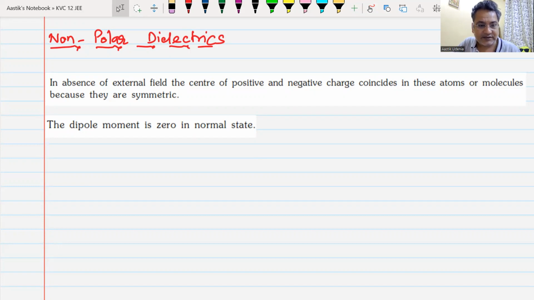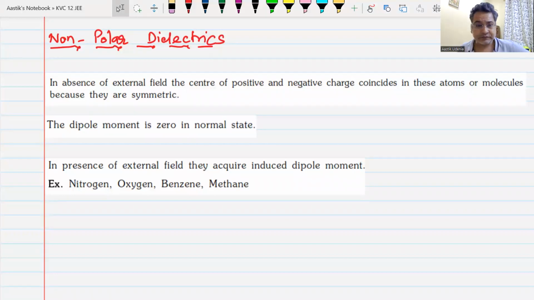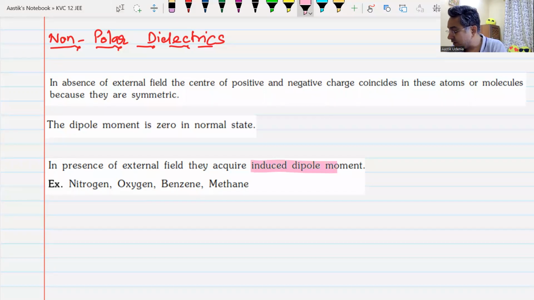But what happens is, when we put this dielectric in an electric field, there will be some induced dipole moment, and this is a very important term. They will get an induced dipole moment.